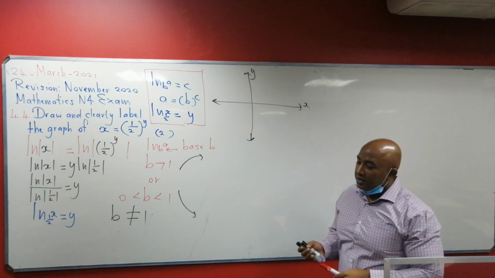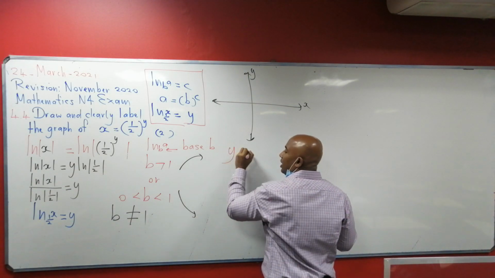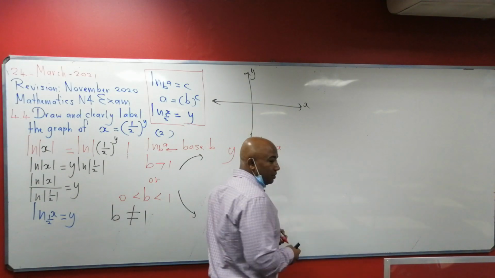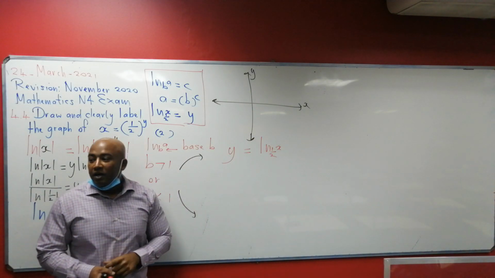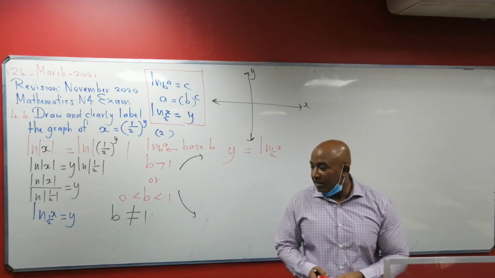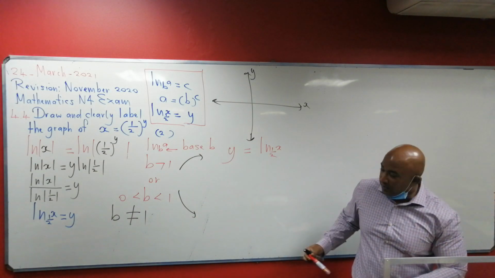Okay, so now, what do we have? y is equal to ln x to the base half. This is our graph that we are dealing with. Now, without doing any calculations, if you got ln x, your base is a number in between 0 and 1.